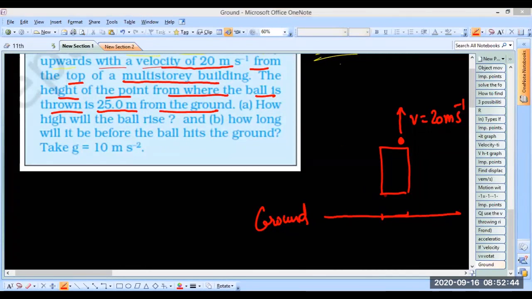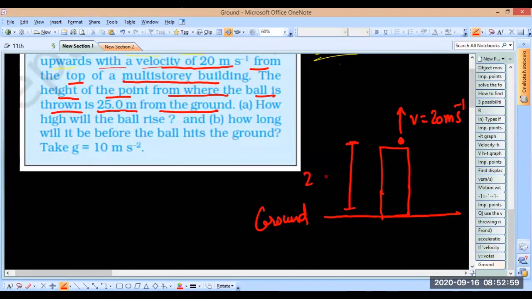So of course it's over here. Now what is this height? It's 25 meter, correct? This height is 25 meter.